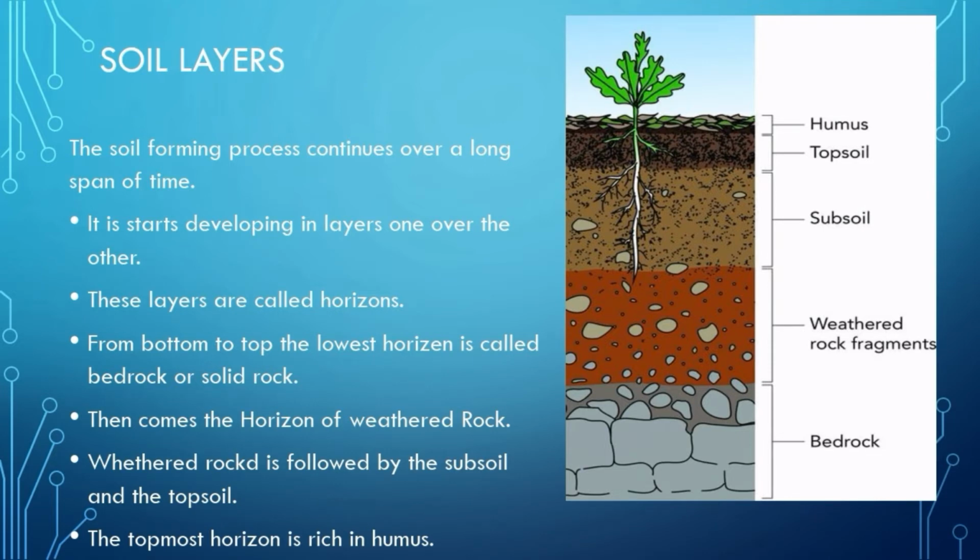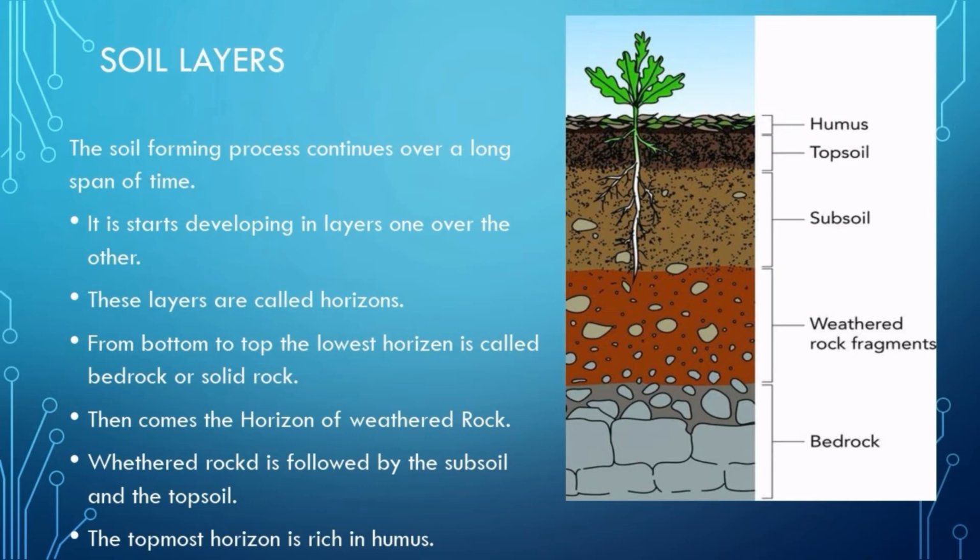The soil forming process continues over a long span of time. It starts developing in a layer one over the other. These layers are called horizons. So the layers of soil are called horizons.